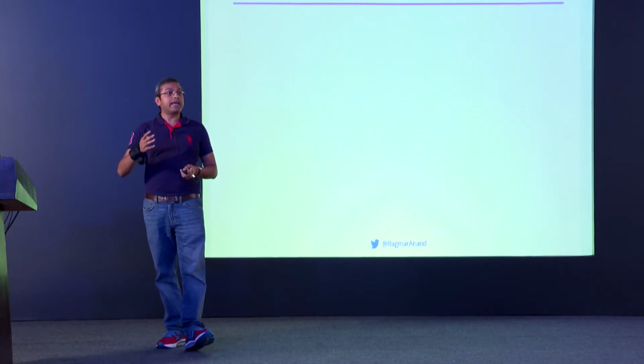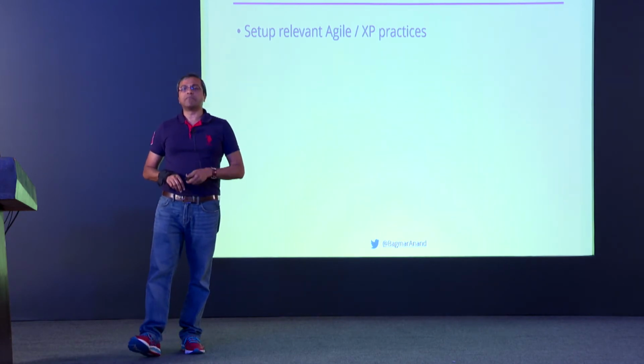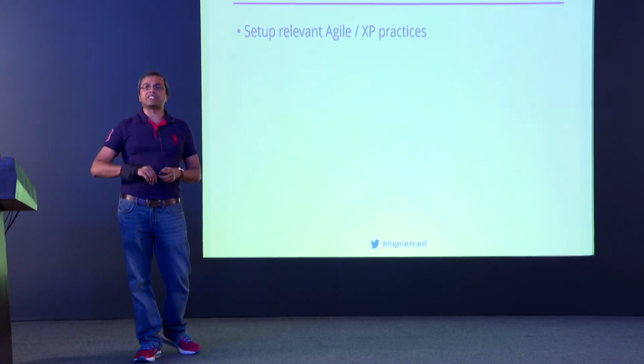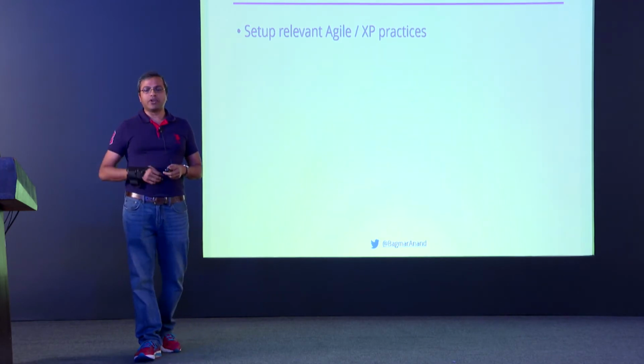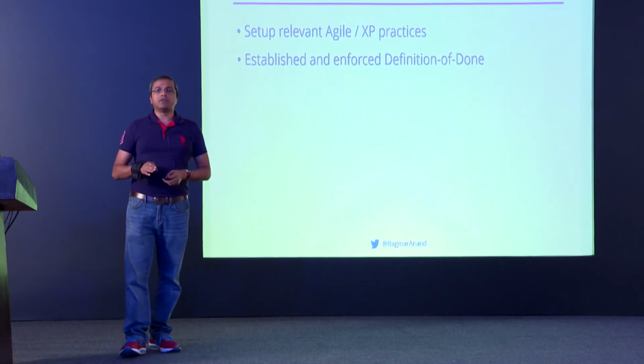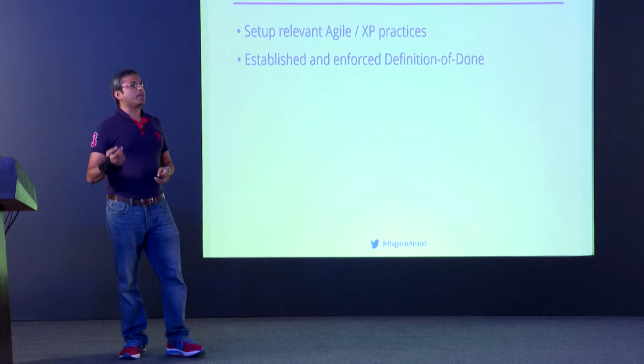That created a problem. So we set up some relevant practices and processes to streamline how requirements are coming in and how we are able to deliver towards those. We established and enforced the definition of done. What does it mean for a story? For a feature? And for a release?